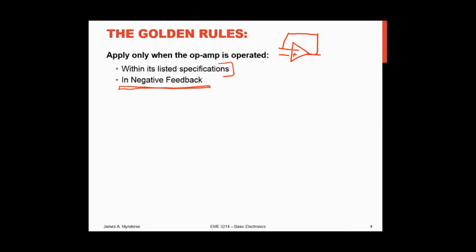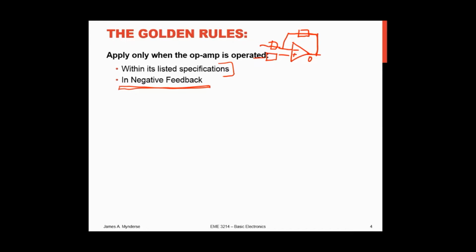So there's a feedback circuit between the output and the input. It goes back to the negative or inverting input, and we'll put something here and we'll put something here, some resistors, capacitors, something here to design our circuits and make things actually perform the mathematical operations that we want. But the key is you always have this connection from the output back to that inverting input. That's the negative feedback.